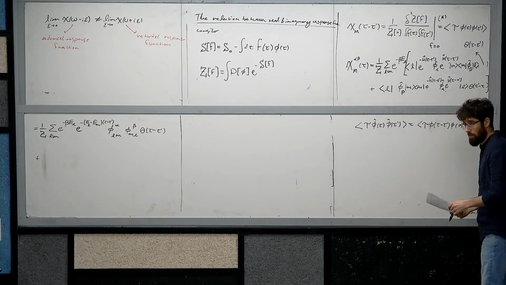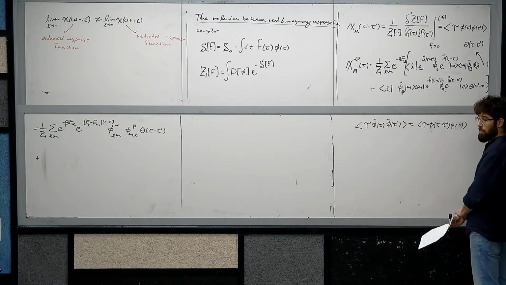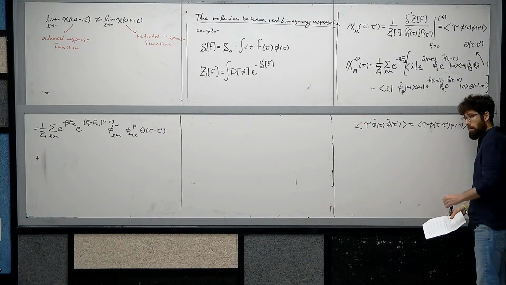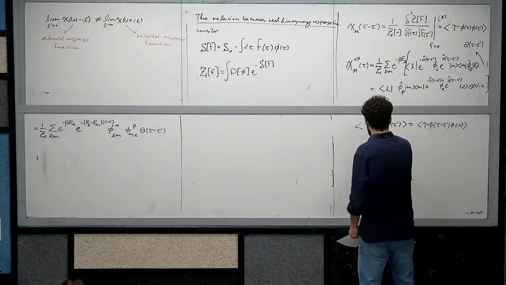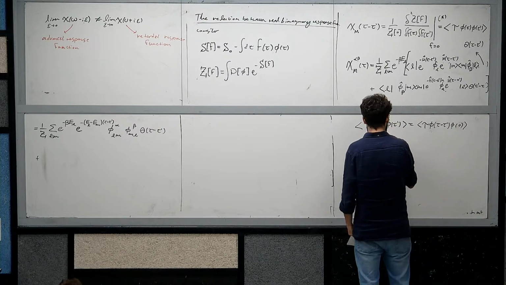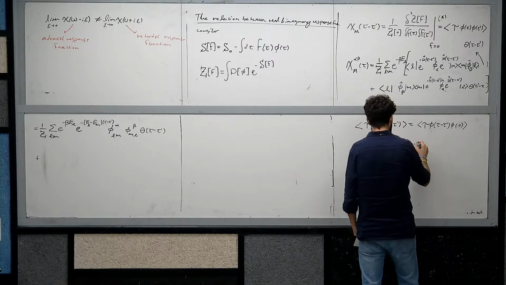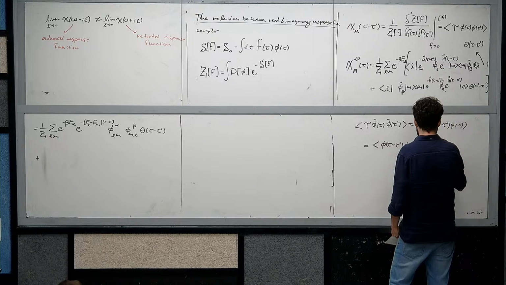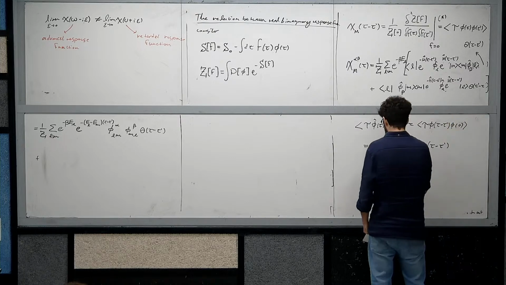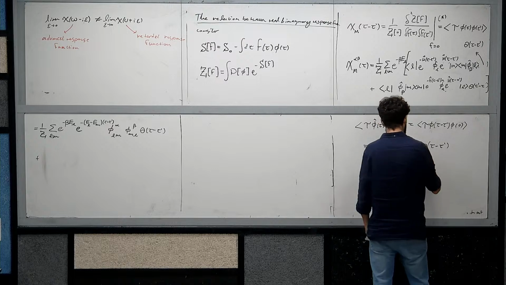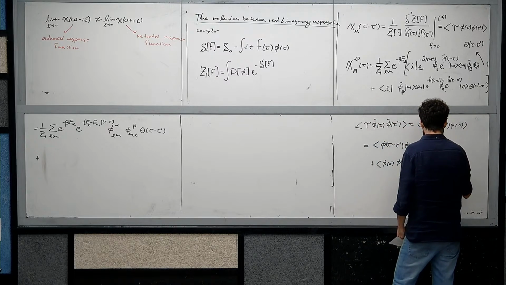That's the first thing. It has nothing to do with tau being greater than 0; the time ordering will take care of that. This is invariant in time. And then this thing is equal to phi of tau minus tau prime, phi of 0, times theta of tau minus tau prime, plus phi of 0, phi of tau minus tau prime, theta of tau prime minus tau.